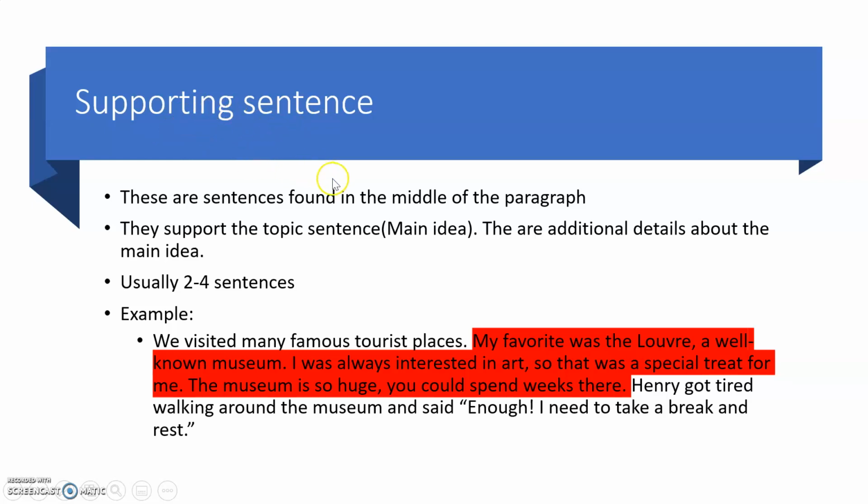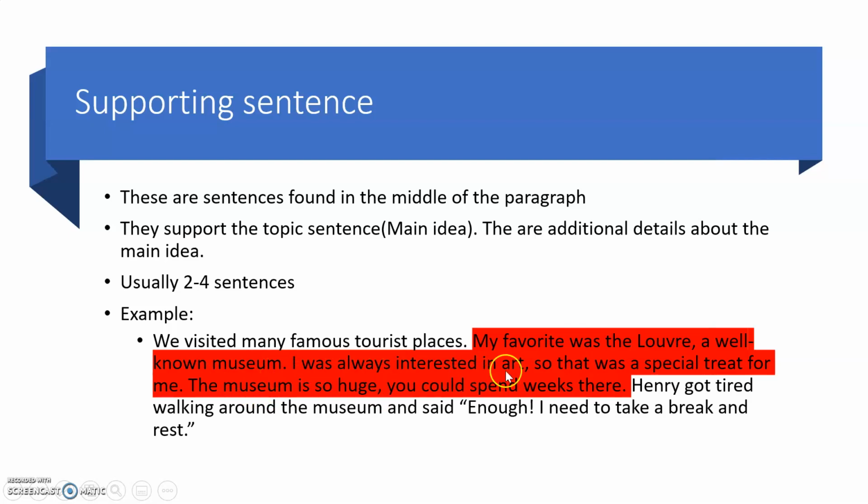Supporting sentences are found in the middle of the paragraph. They are details that support the main idea. They're usually between 2 to 4 sentences. In this example, we had the topic sentence, "We visited many famous tourist places," and the supporting sentences are, "My favorite was the Louvre, a well-known museum.